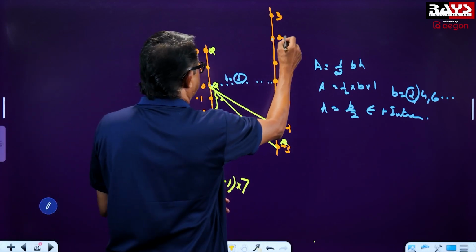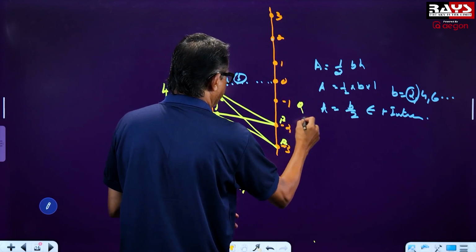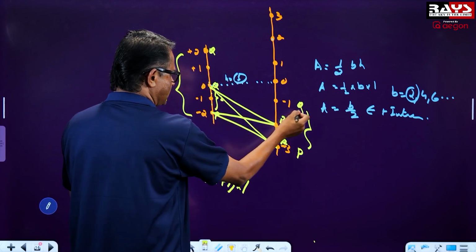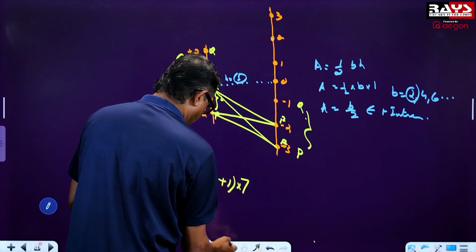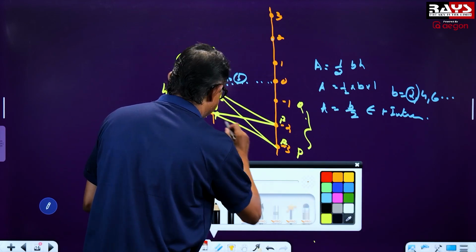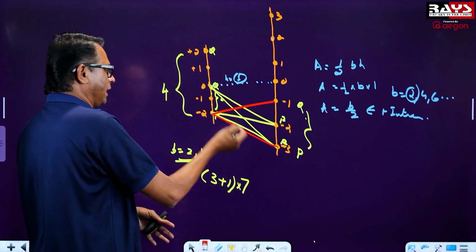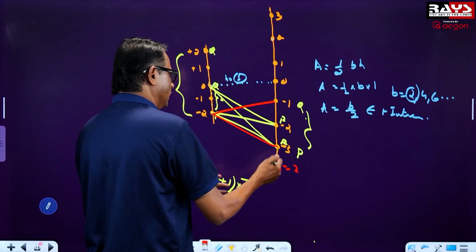Now, coming to the next case. Suppose we are choosing P here and Q here. Then R will be here, and our triangle will look like this. In that case, if b is equal to 2, how many cases will be there?